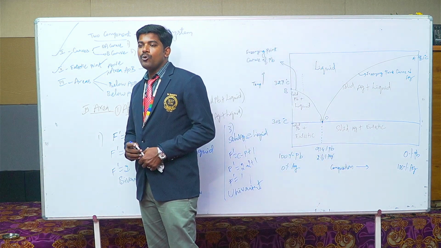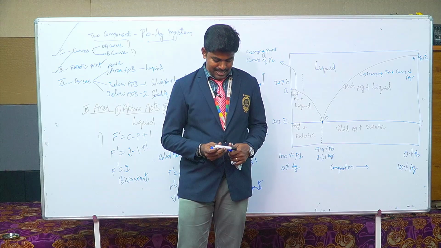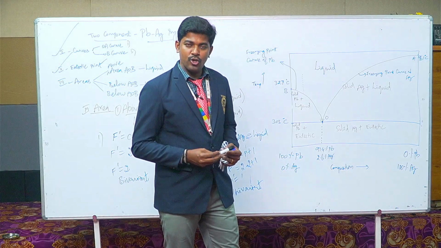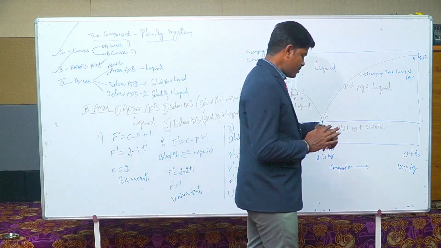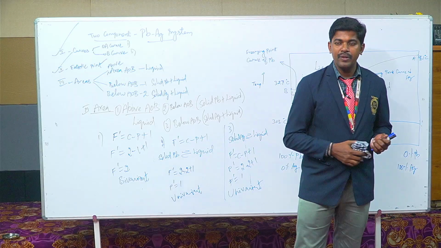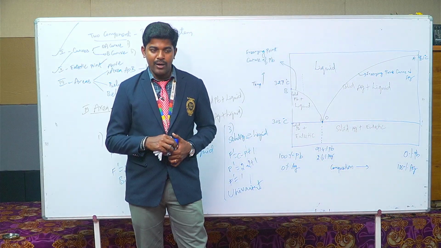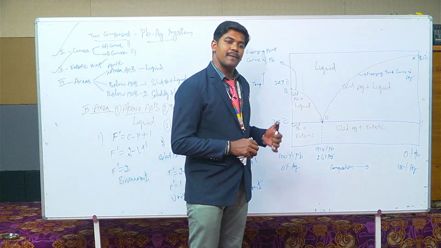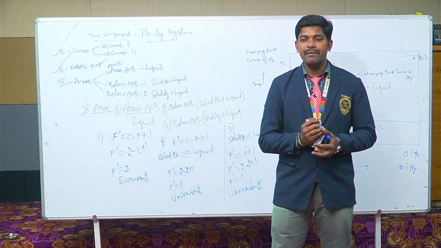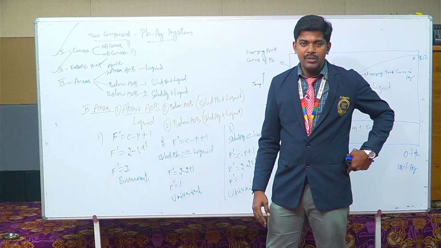Now I have explained all the things present in the diagram, which are curves. There are 2 different curves, the OA curve and the OB curve, and we have determined the number of degrees of freedom of the OA and OB curves. Then we discussed the eutectic point. Eutectic means a low melting temperature.